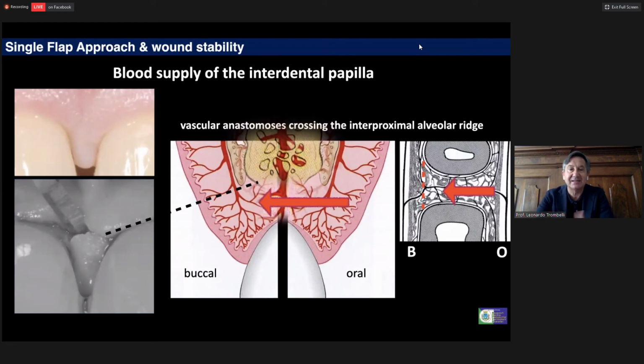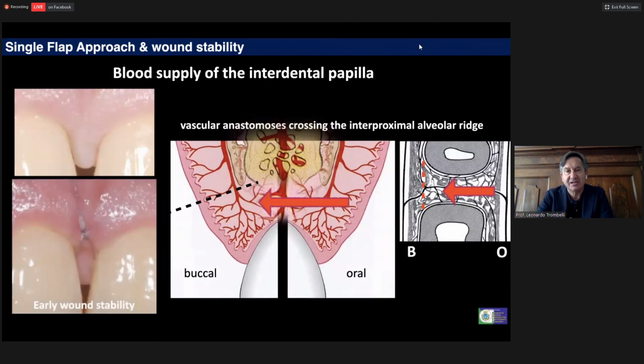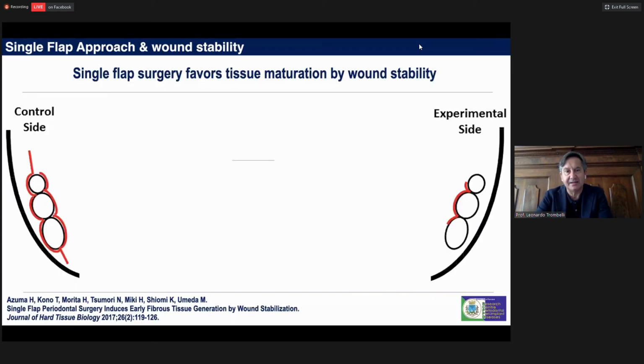And that is the idea, and this is, to me, the hypothesis why we are experiencing an early wound stability leading to a primary closure and the maintenance of the primary closure after the first 2 weeks. There's also an explanation coming from these experimental studies done in animals.